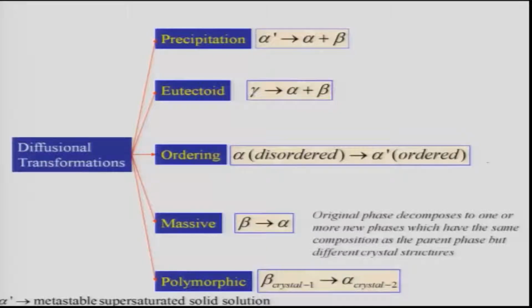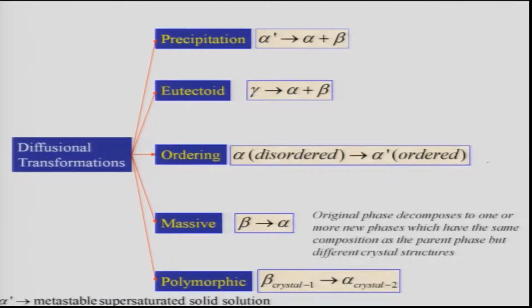Precipitation means formation of a new phase from an old phase, and that is what is shown here, alpha prime going to alpha plus beta, where alpha prime and alpha have the same crystal structure, but beta has a different crystal structure. Alpha prime contains more solute than alpha. Then the important transformation in the solid state which requires diffusion of atomic species is the eutectoid, gamma going to alpha plus beta.